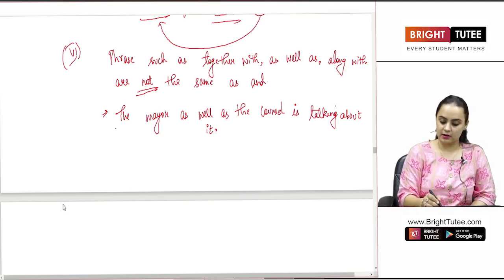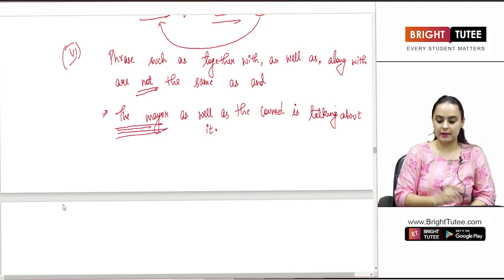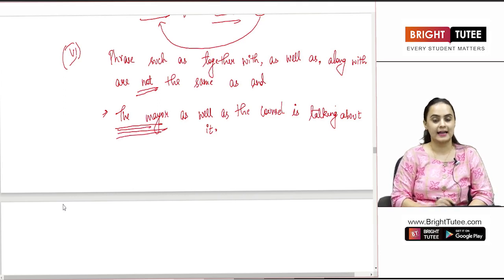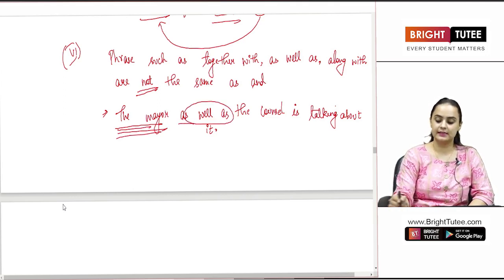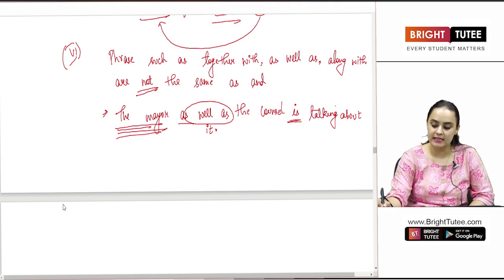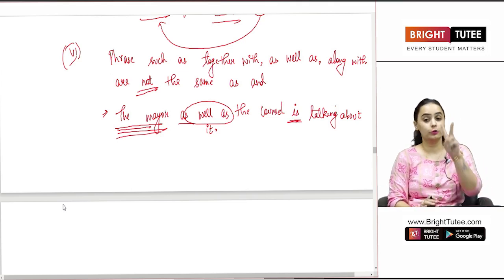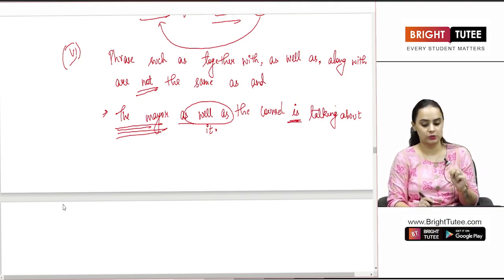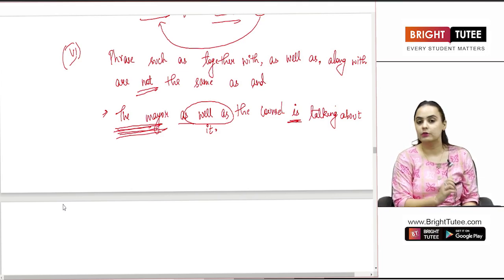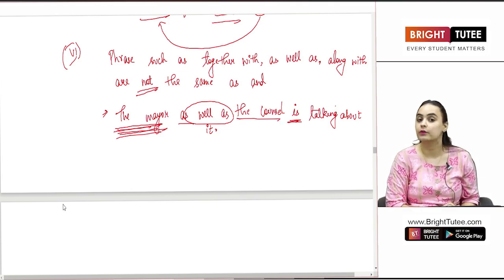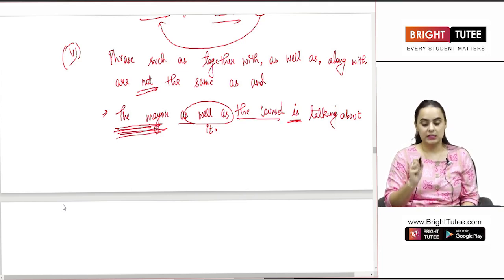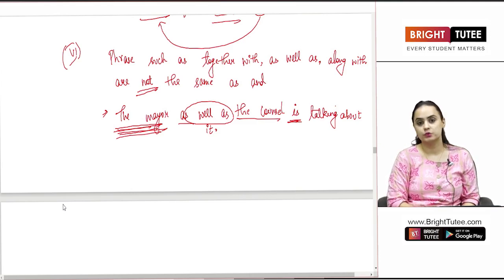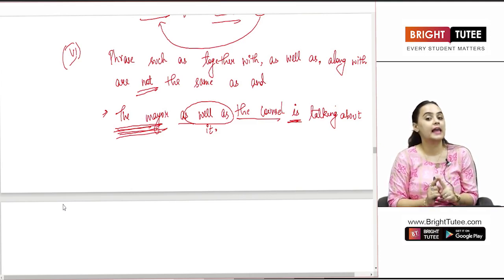So the mayor, the first subject, you have to look at. Although we are talking about two subjects over here, the mayor and the council, in this sentence they are joined with the phrase as well as.